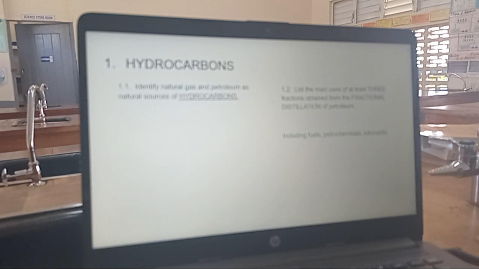So cracking always results in the formation of at least one alkene. It is the process for breaking down hydrocarbons into smaller hydrocarbon fractions. This is what is cracking. So we crack the hydrocarbons using only heat, thermal cracking, or we can use a combination of heat and a catalyst, which is catalytic cracking.